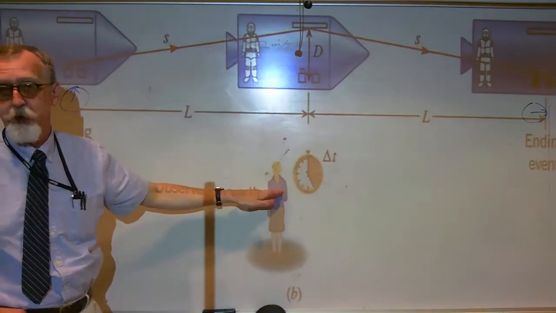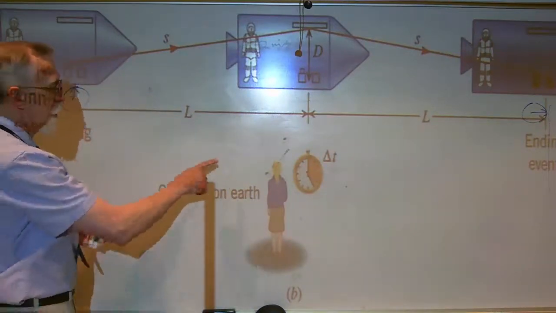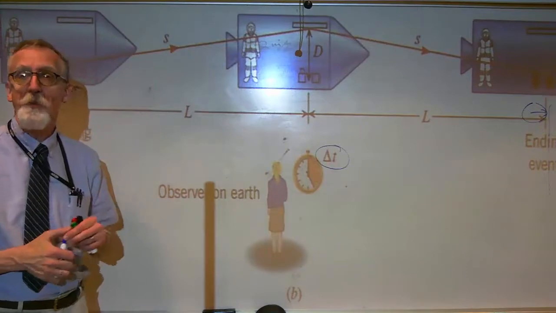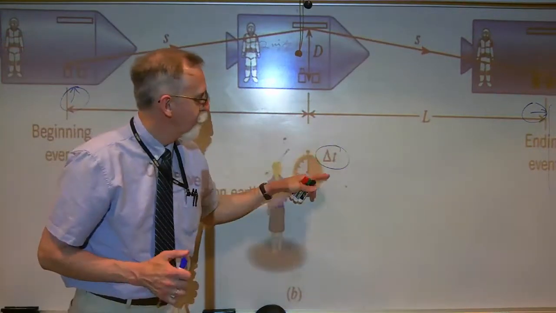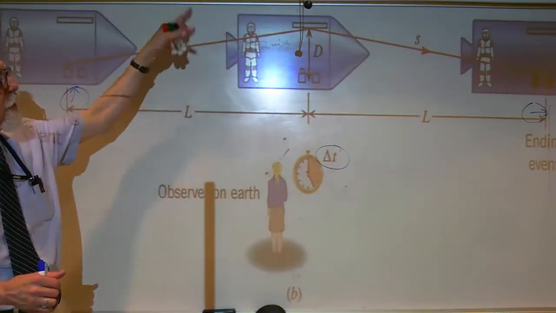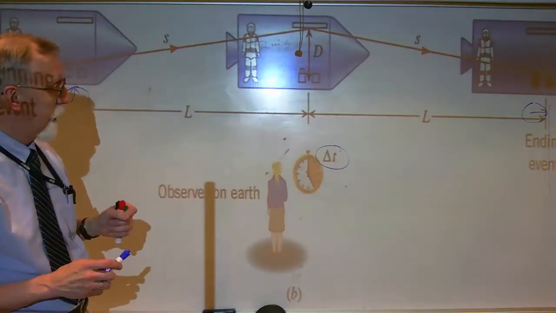She is measuring the time interval with two clocks, so that is not the proper time. We will call her time delta t. So we'll assume that the amount of time that she determines to be the difference between these two clocks, we'll call that delta t. Now, is there a relationship between delta t and delta t naught? Well, let's think about that.